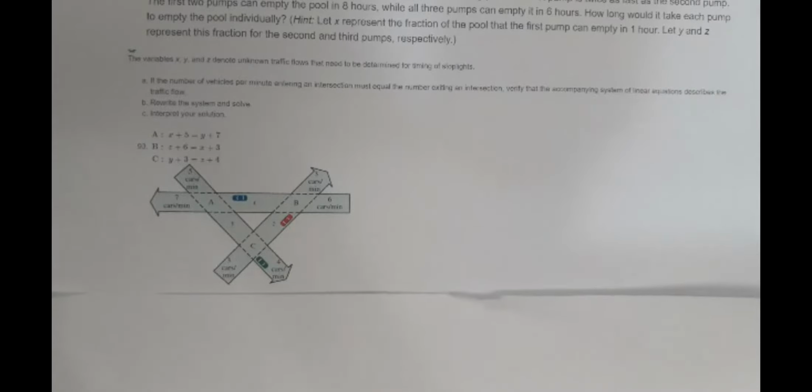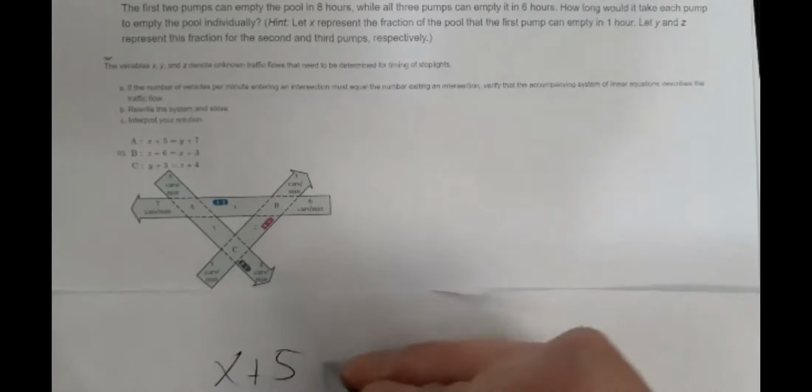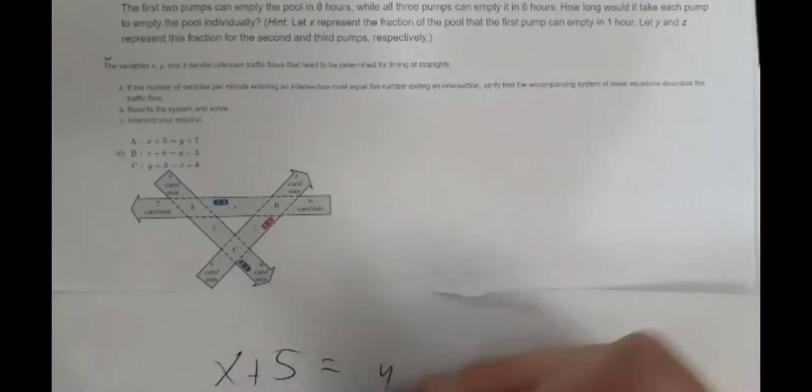I don't like their question, to be honest. I'd rather have you just do part B and C on this thing. It's hard to read this thing. X plus 5 equals y plus 7.